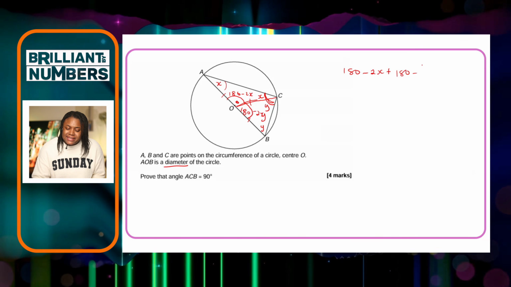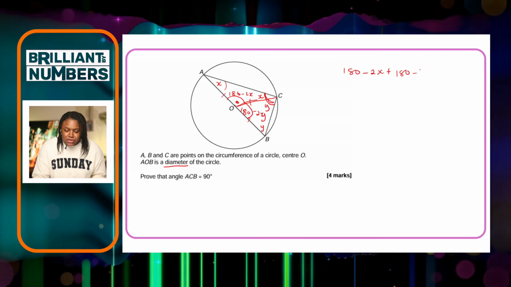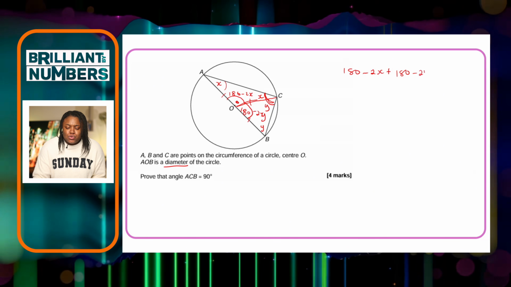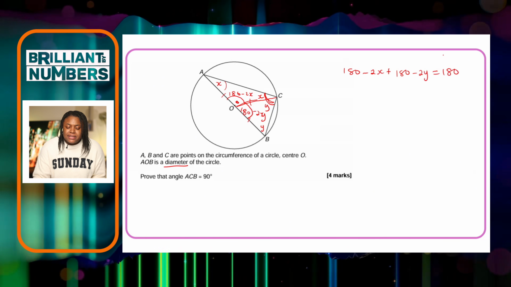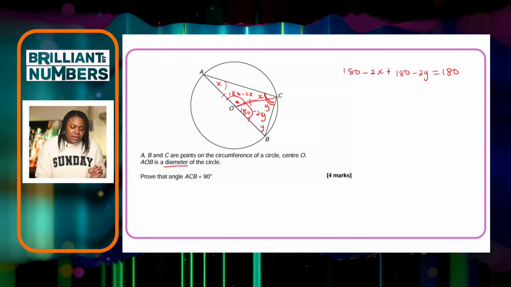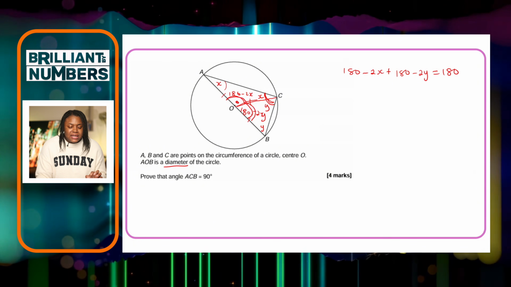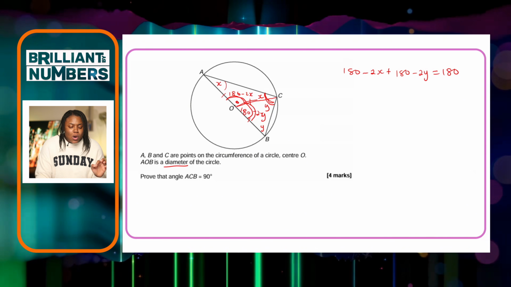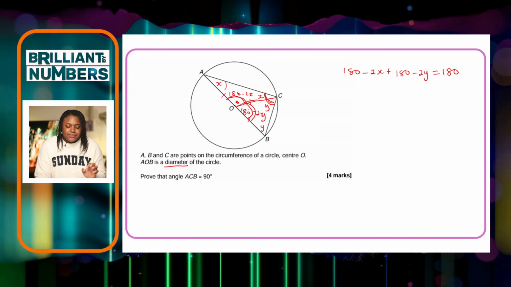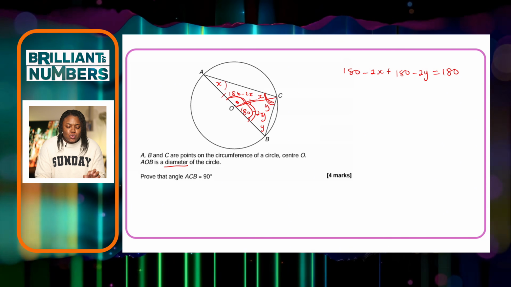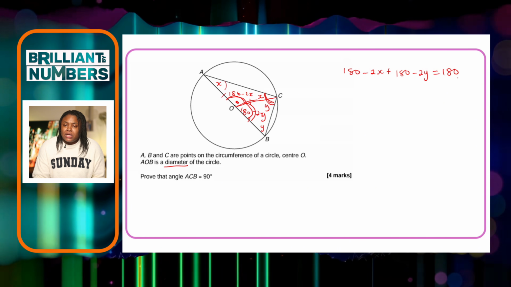My mouse is messing with me, guys, but I am determined. So remember, this is one angle on the straight line. This is the other angle. Angles on a straight line add to 180. So 180 minus 2x plus 180 minus 2y should equal 180.